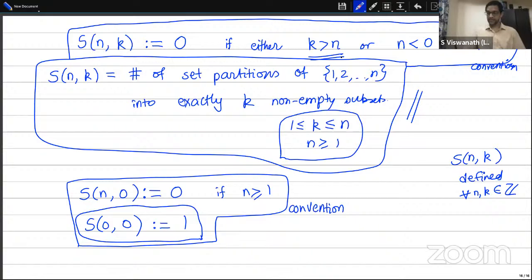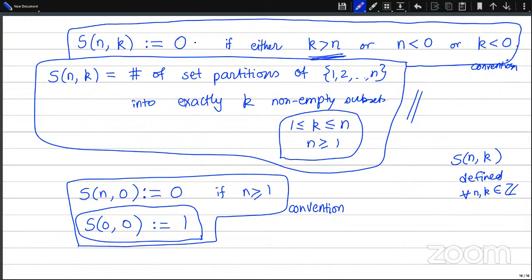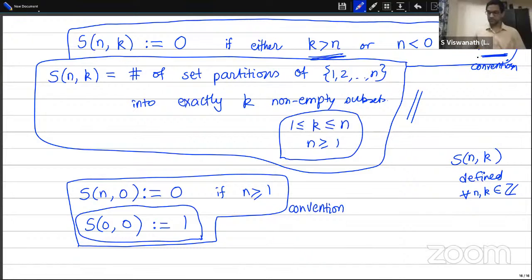If k is greater than 0, then this condition tells me it is 0. If k is negative, then this condition tells me it is 0. So (0,0) is the only one that's not inside the earlier ones, and that you define as 1. So this is just a bunch of conventions, the rest of it.